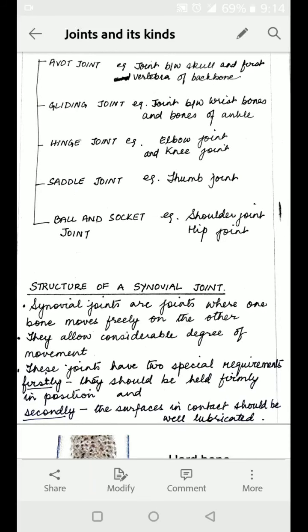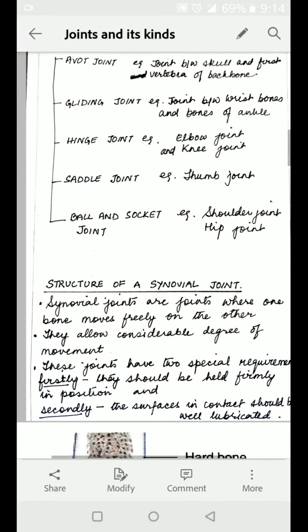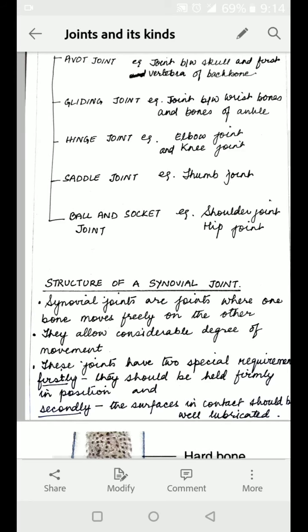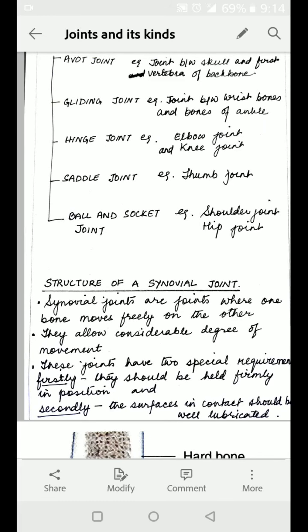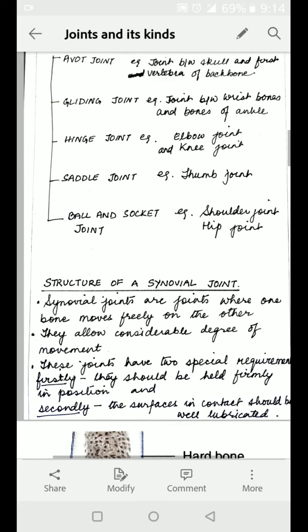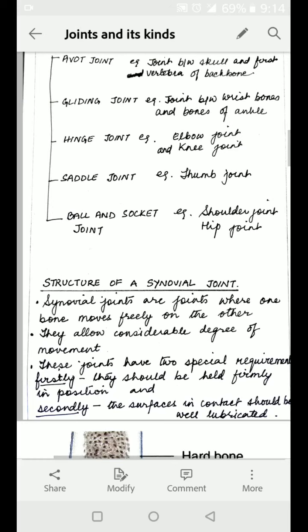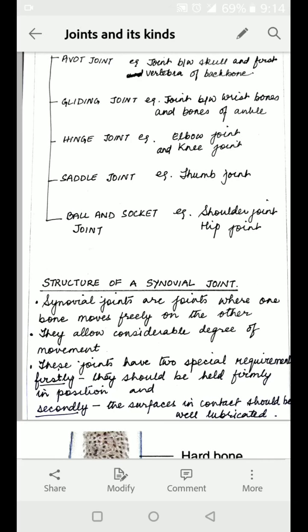These joints allow a considerable degree of movement, and basically these joints have 2 special requirements. The first requirement is that they should be held firmly in position, and the second requirement is that the surfaces that are coming in contact with each other should be well lubricated to remove friction.